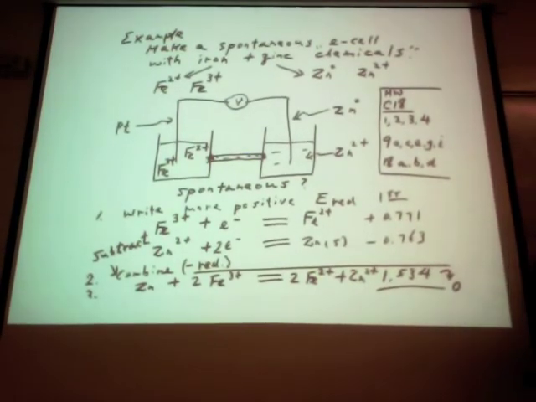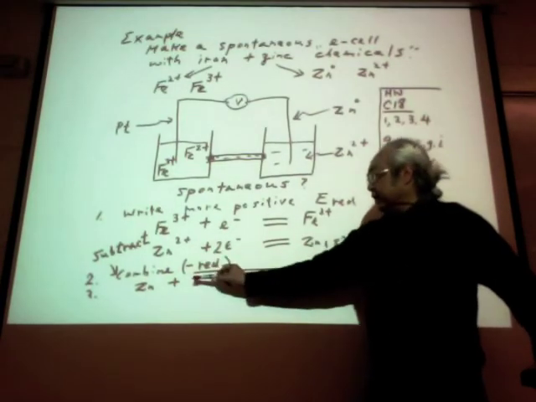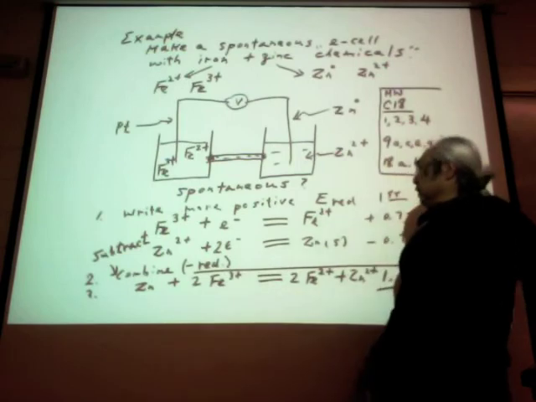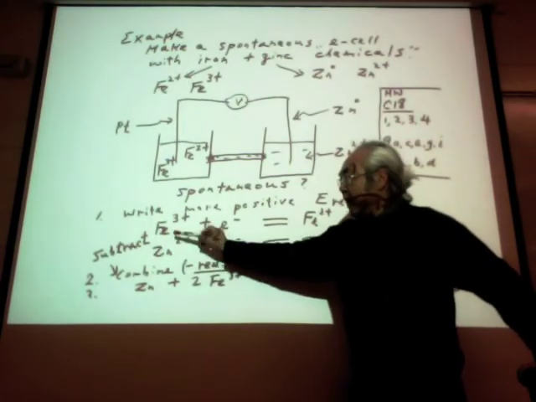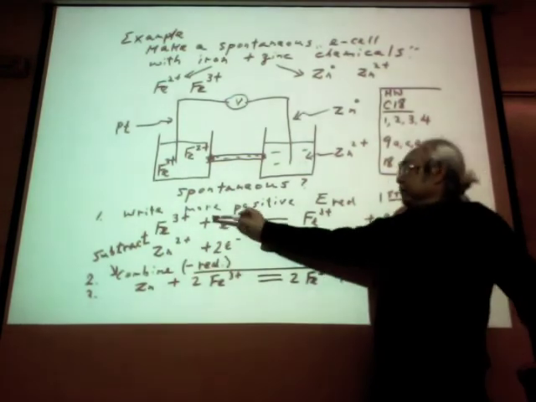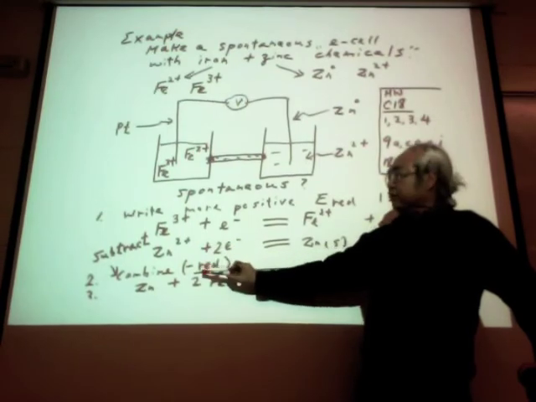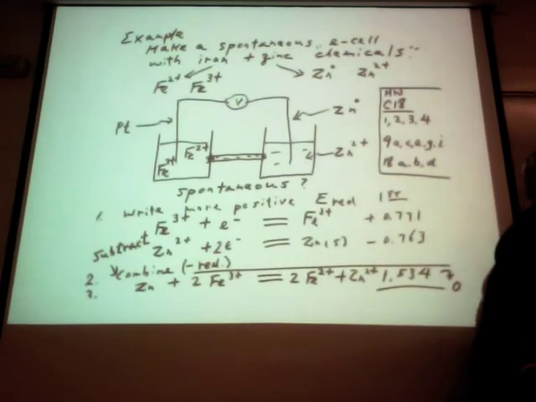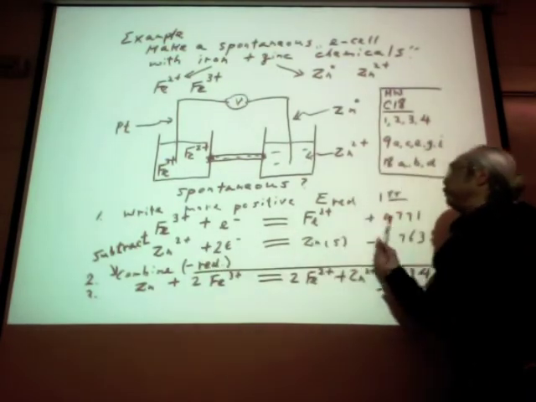That's right. So now, step number 3 will be, let's see, step number 2, that is you're going to combine the two half reactions, right? So combine, meaning you're going to switch the lower one into oxidation. So you put a minus sign in front. Okay, so minus, that means switch, right?